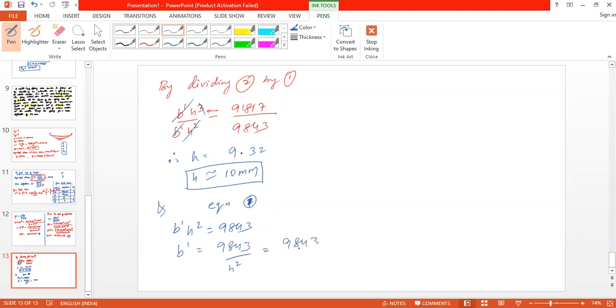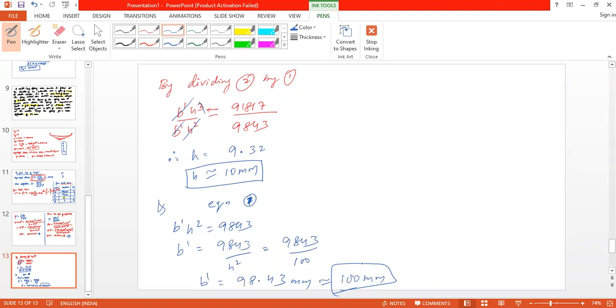So that is 9843 by 10 square, which is 100. So b dash is 98.43 mm, or you can say 100 mm. Okay, any doubt? No, sir.